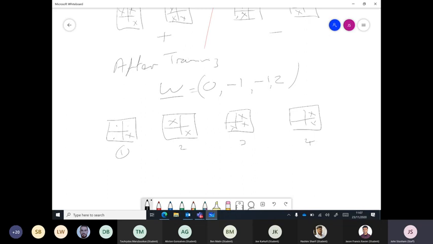We simply get the scalar product of the vector of the pattern, which in this case would be 0, 0, 0, 1, 0, 0, 0, 1, scanning from the top left.